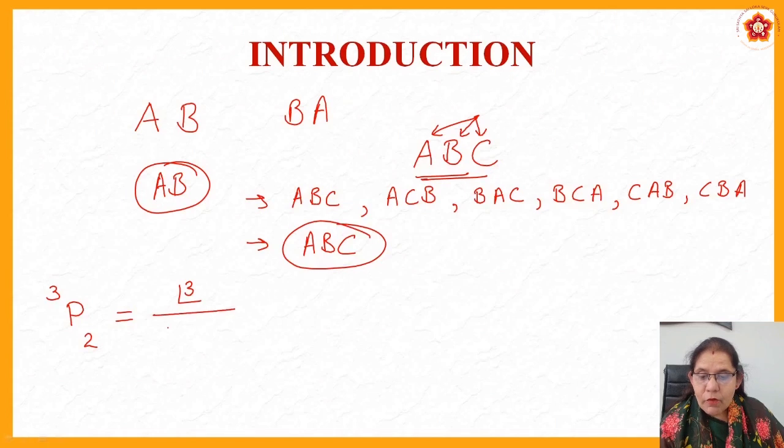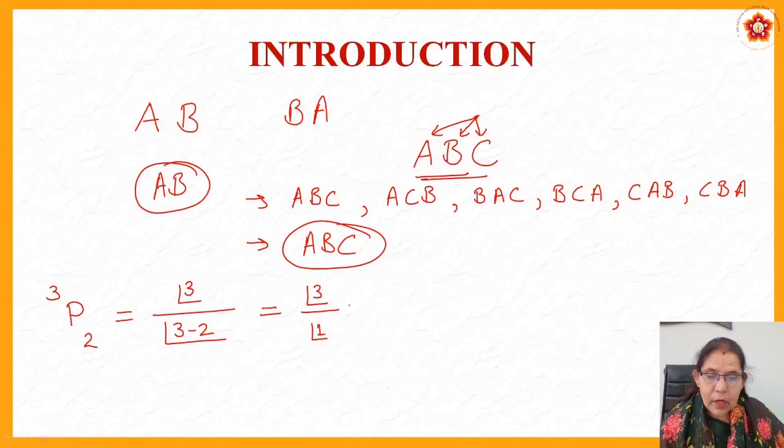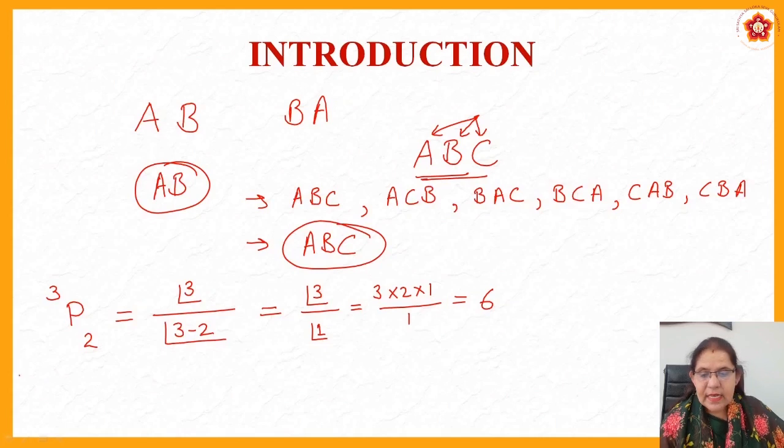And what was the formula for 3P2? It is factorial 3 upon factorial 3 minus 2. So what will come? Factorial 3 upon factorial 1. And this is 3 into 2 into 1. That is 6.